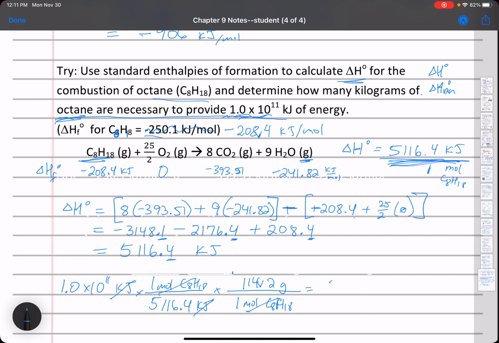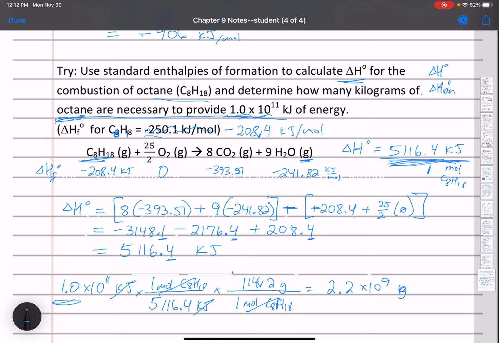So this is 2. How many sig figs do I want here? This is just 2 sig figs, so I just want 2 sig figs. So it's going to be 2.2 times 10 to the 9th grams.